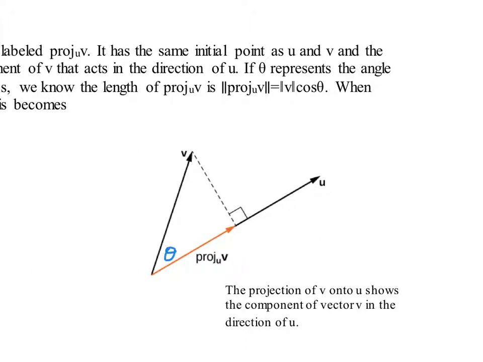We have some angle theta. We have a vector v that has a magnitude. We don't know what that magnitude is, but it's there. We also have a right triangle.